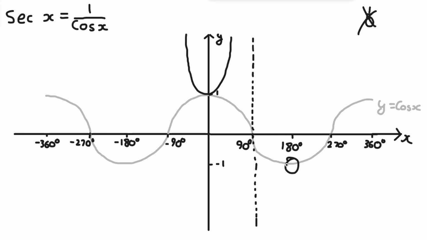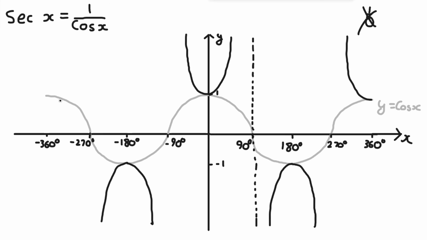So it works the same for negative, so it starts from -1, then it comes down really quickly like this, and then the same for this side here, and then it's the same for this here. This starts at 1 and then it comes up really quickly here. This comes down really quickly at -1, and then it's the same here, and then this comes up really quickly like this.